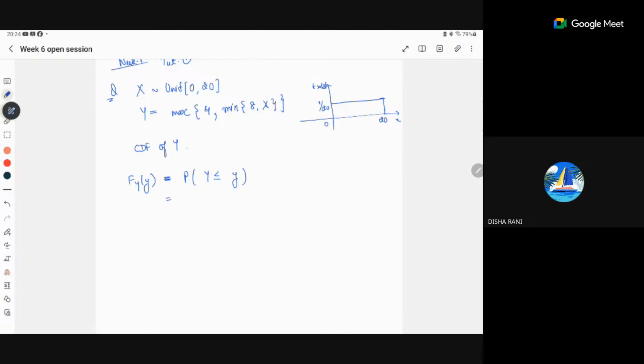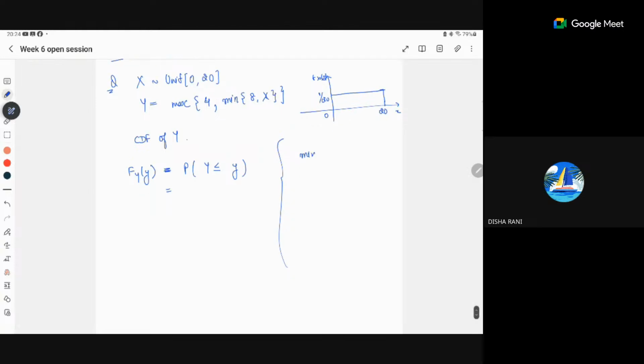First we should look at min of 8 comma x. What happens if x is between 0 to 8?